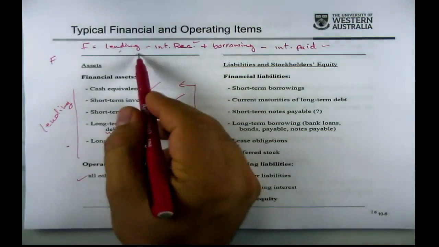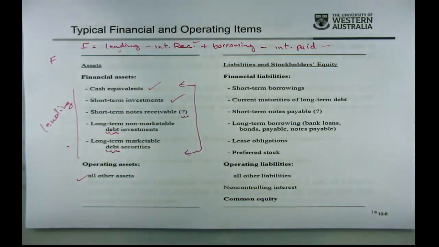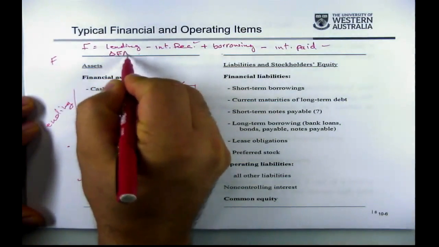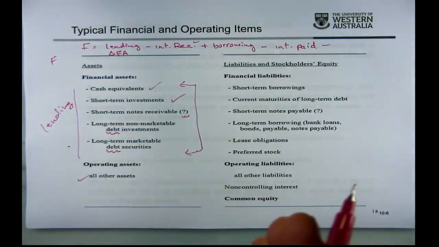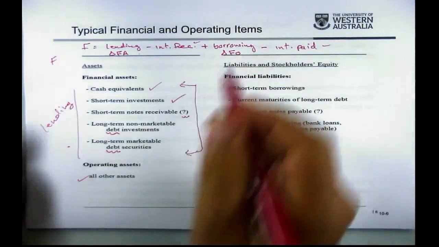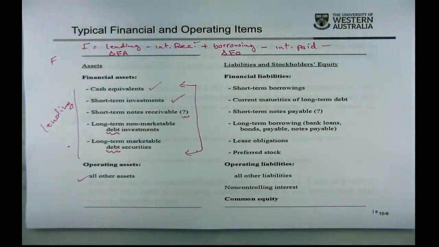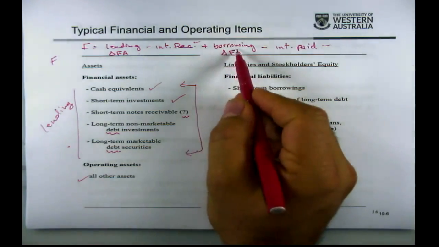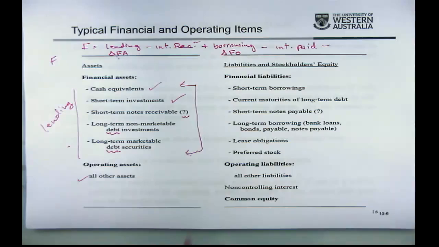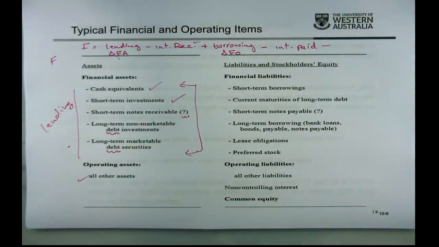This one is the lending within a period of time. So lending here is just the change in financial assets. And borrowing here is also the change in financial obligations. Make sense? This is just the incremental lending or borrowing. So borrowing here is the change in financial obligations, and lending here is the change in financial assets. As simple as that. Make sense?